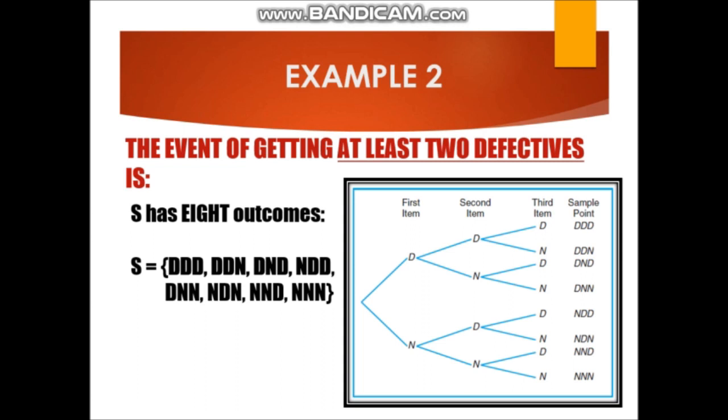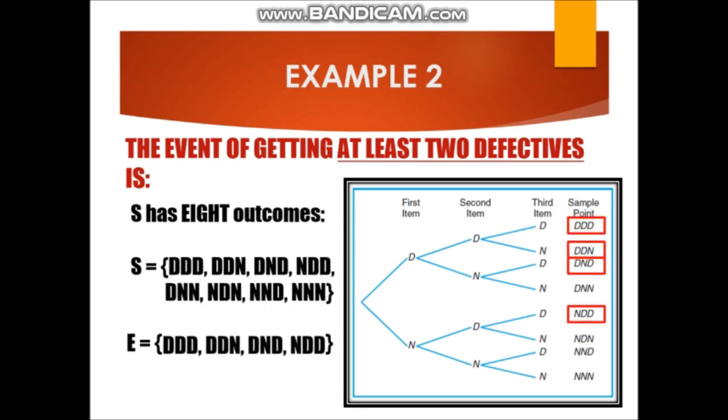So, based on our eight outcomes, we have only four, and those are DDD, DDN, DND, and NDD. So the event of having at least two defectives has only four elements.